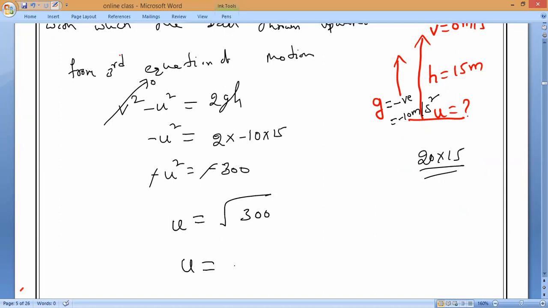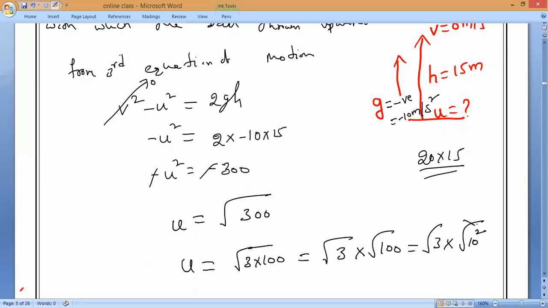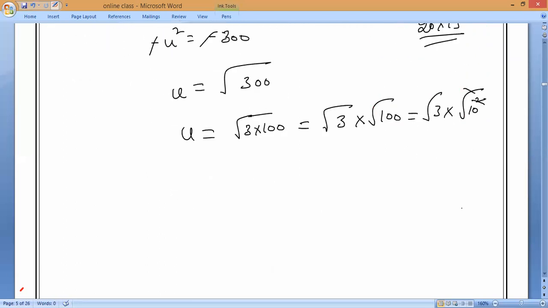How can I write root of 300? Root 3 into 100, which is root 3 into root 100. Root 100 is 10, so what is the initial velocity? Initial velocity is 10 root 3 meters per second.